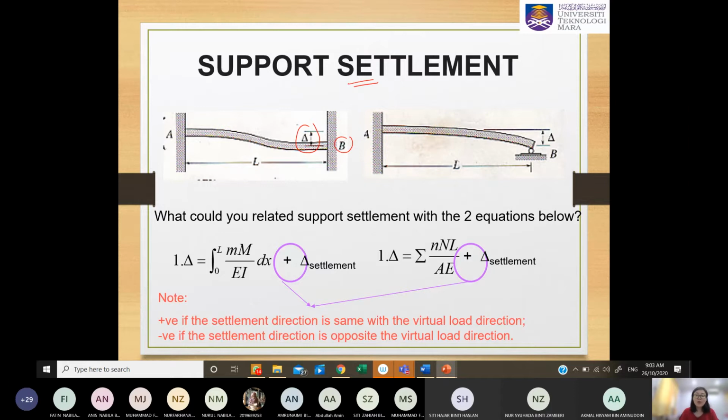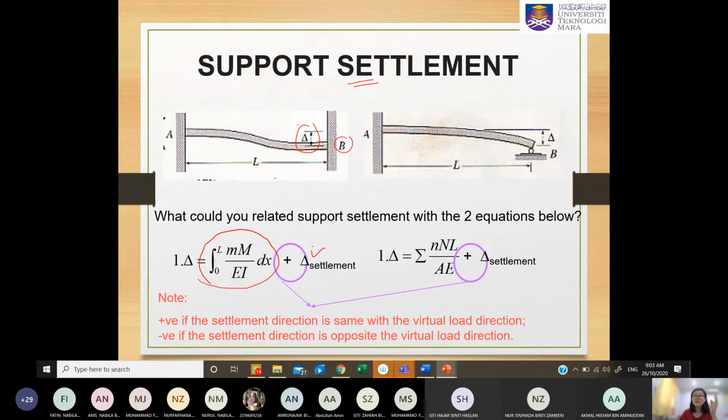So for our beam, if we already know that this support has settled, sometimes we need to recheck the performance of the beam and determine the deflection once we know the support settlement. After you have determined whatever you determined earlier from the loading, you need to add this effect, just plus the delta of the settlement.